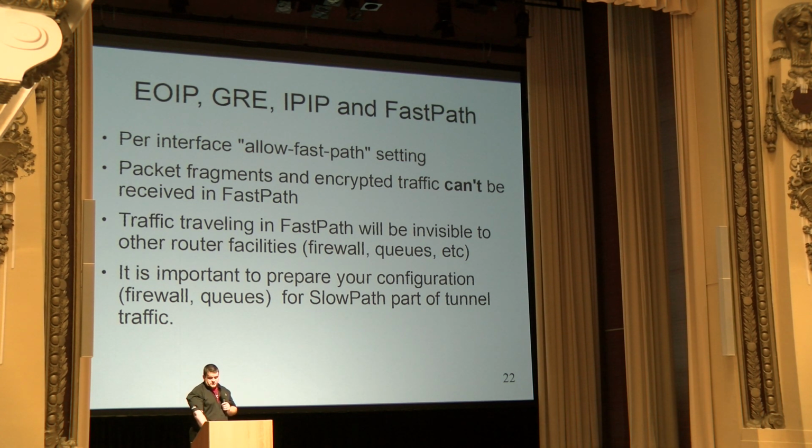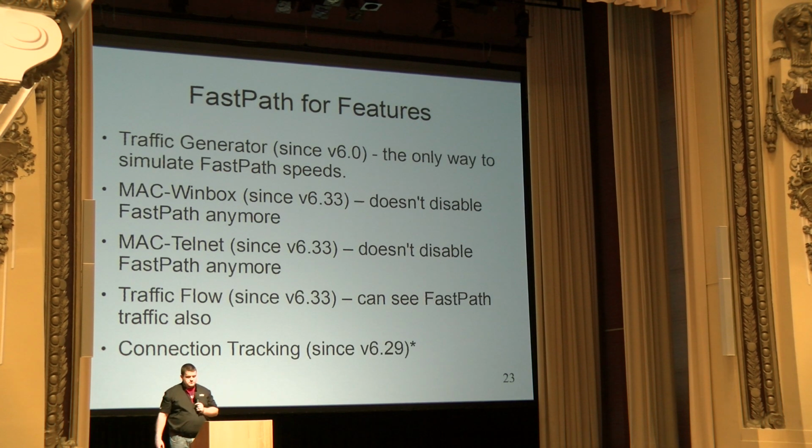So there are also some features that required FastPath support. The very first thing that we did, we found out that we have a problem. We didn't have a reliable way to test CCR performance when we released the first devices. So we had to make our own traffic generator, and it had FastPath support since the very beginning.